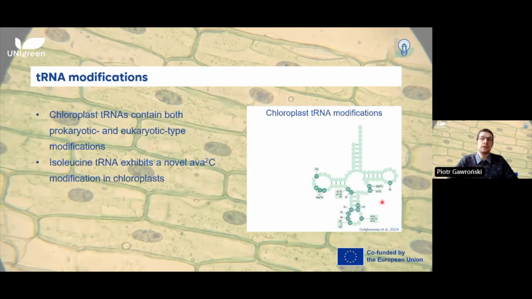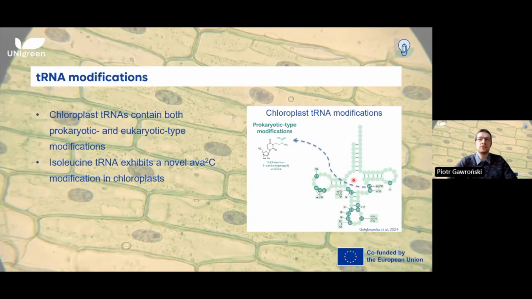Based on the tRNA sequencing, we generated a map of the chloroplast tRNA modifications, which is shown in this figure. Interestingly, we identified both prokaryotic and eukaryotic type modifications in chloroplast tRNAs. An example of a prokaryotic type modification is acp3U at position 47 in the variable loop of the tRNA.